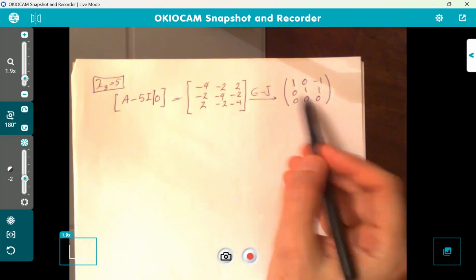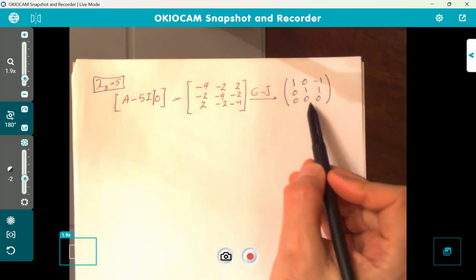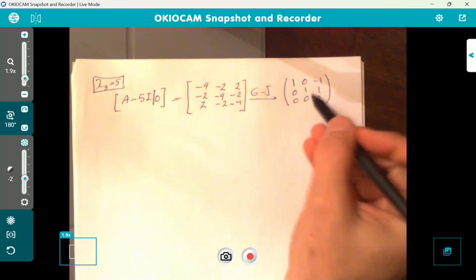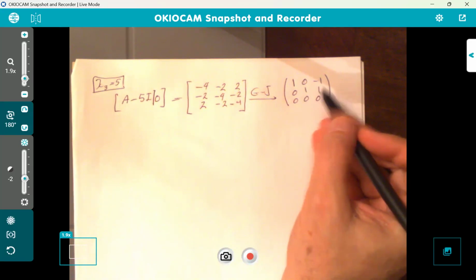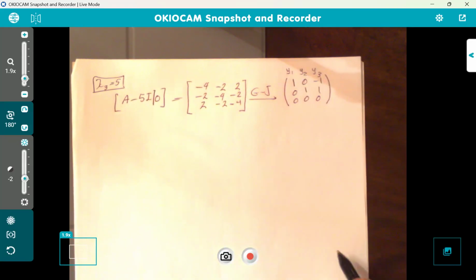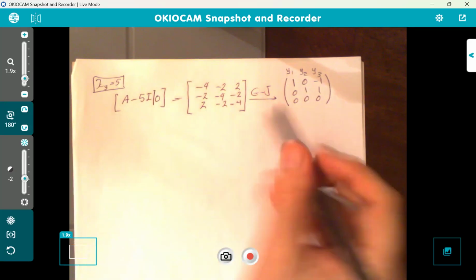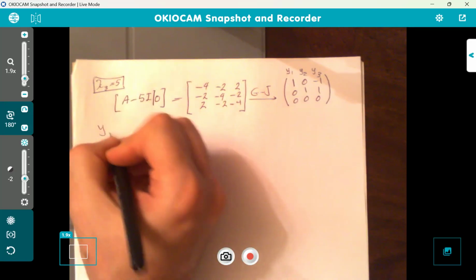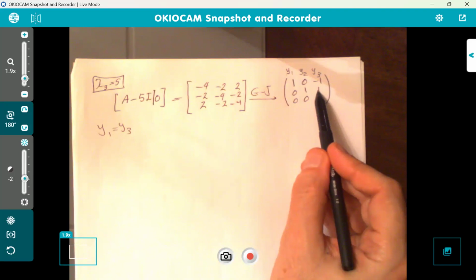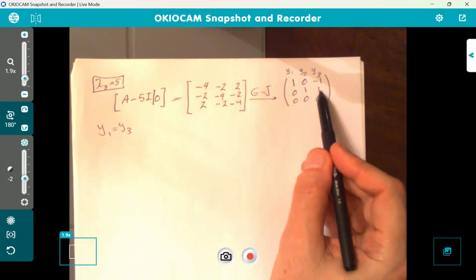And now we can write the solution. Again, we have a row of zeros, and the free variable is going to be y3. These are the coefficients on y1, y2, y3. Therefore, from the first equation, we get y1 equal y3. But then from the second equation, we're going to let y3 be our free variable.